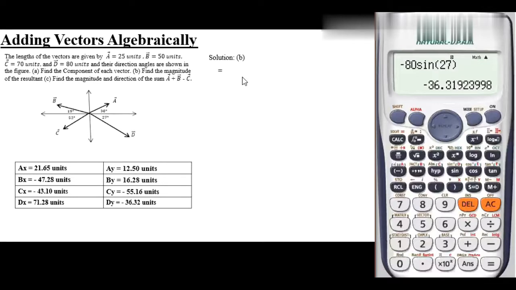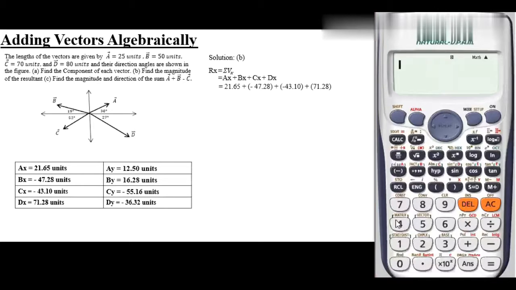So Rx is equal to Ax plus Bx plus Cx plus Dx. And then substitute the values. Rx is equal to 21.65 plus negative 47.28 for Bx plus negative 43.10 for Cx and plus 71.28 for Dx.